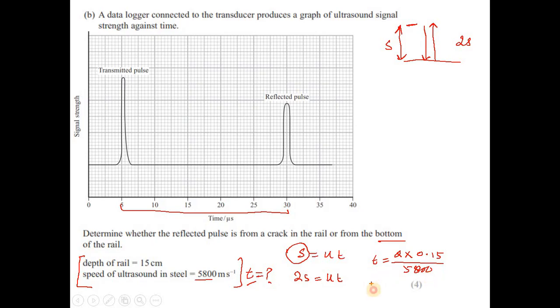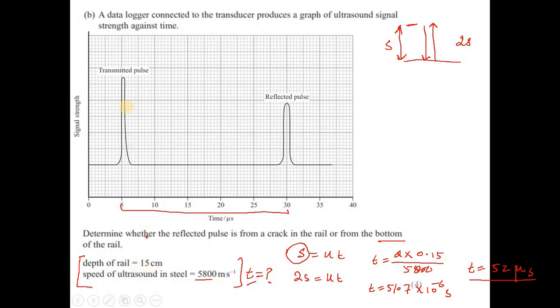So the time is equal to 51.7 times 10 to the power minus 6 seconds, meaning the expected time is around 51.7 microseconds, or you can say 52 microseconds. This is the expected time for the depth of 15 centimeters from the top to the bottom.